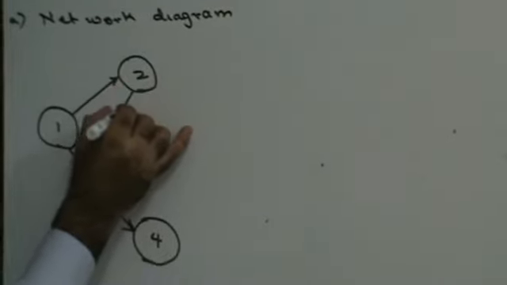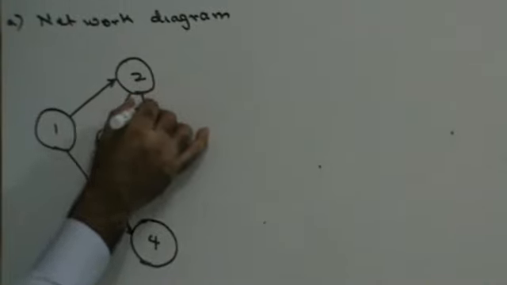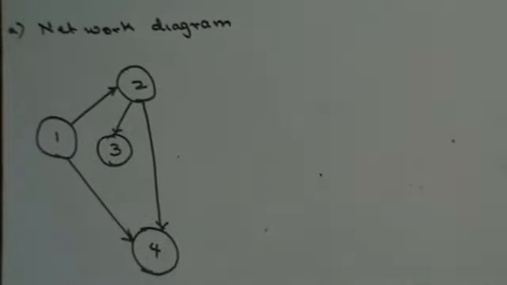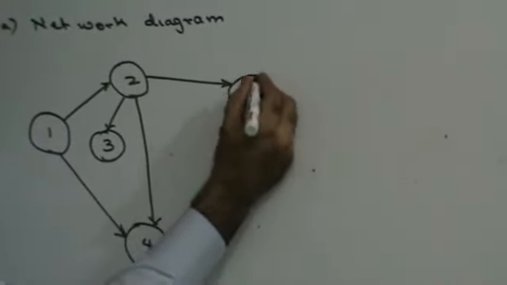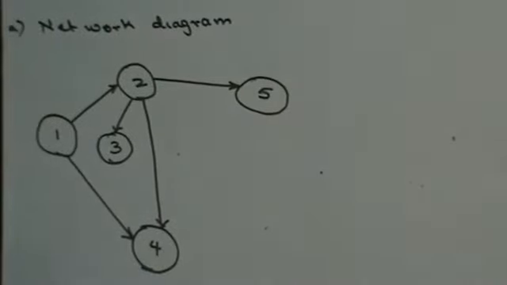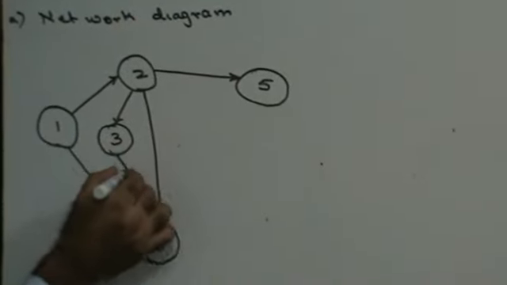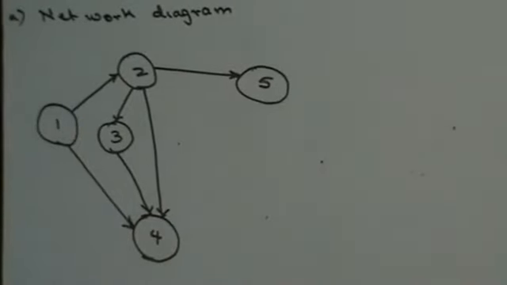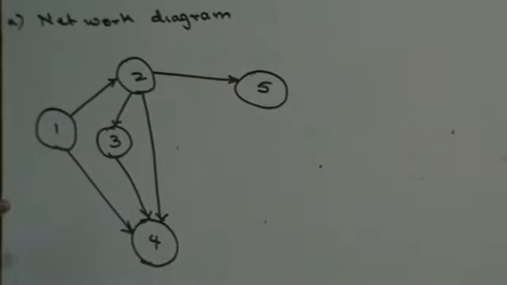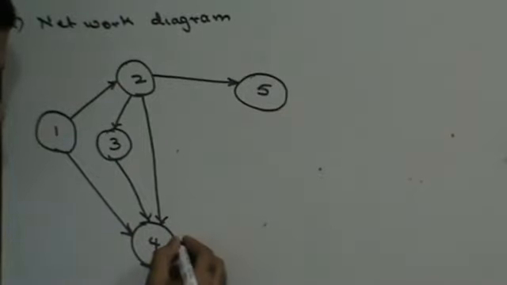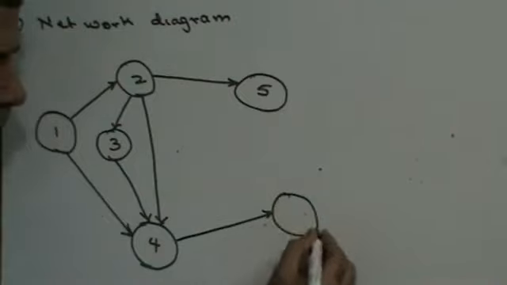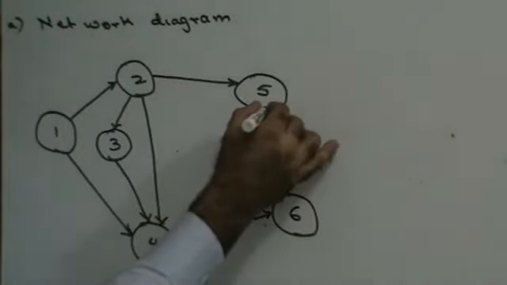From 2 you also have 5. From 3 you have 4. From 4 you have 6. And from 5 you have 6.